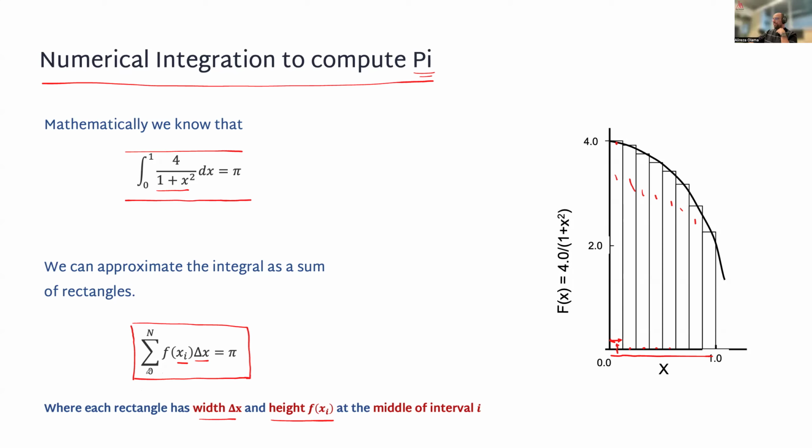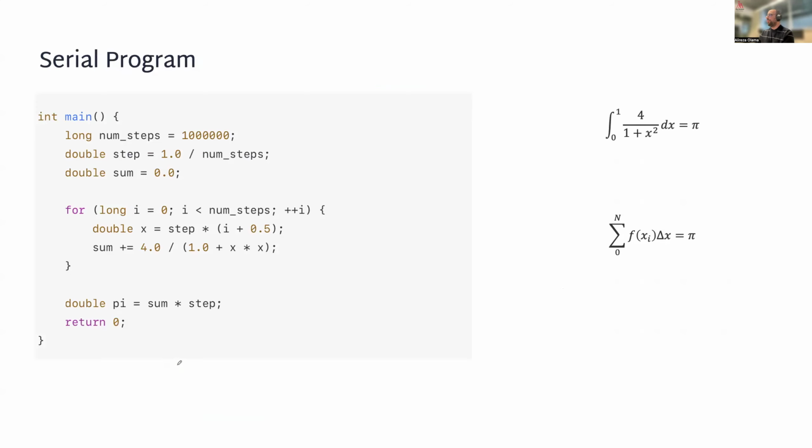So what I can do is to compute this sum using a for loop, right? And then multiply the result of this sum by this delta x. I just need to calculate the value of xi, right? And then this f. So let's see how a serial program looks like.